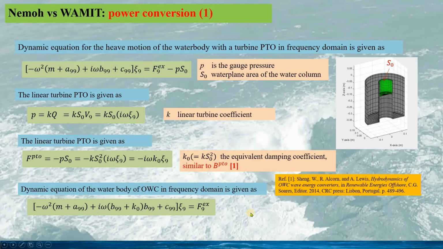So in this regard, the problem of the oscillating water column can be solved in exactly the same manner as that of the point absorber, if the damping on the piston motion is taken as K0, given by this.